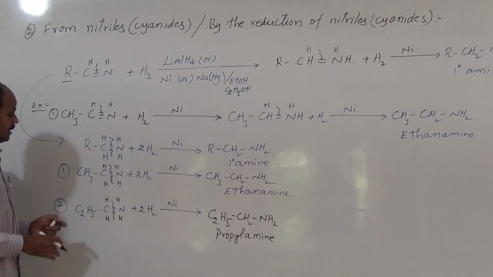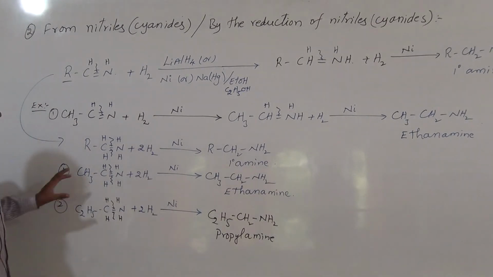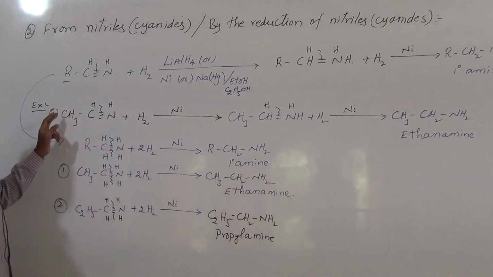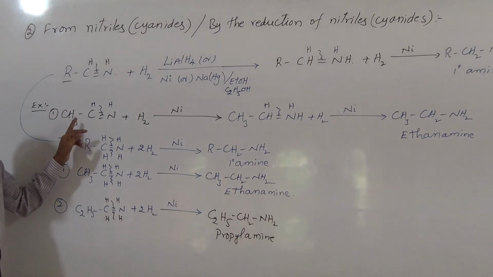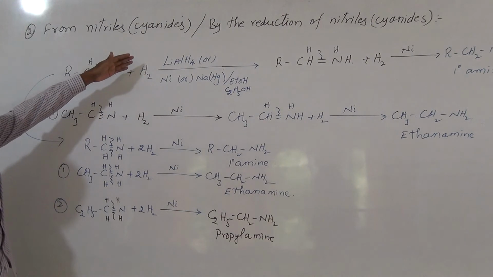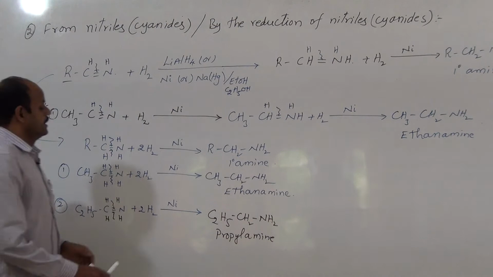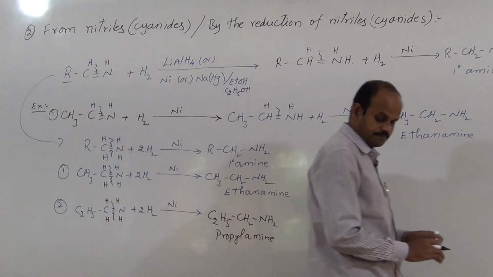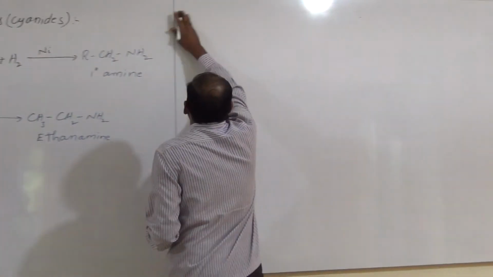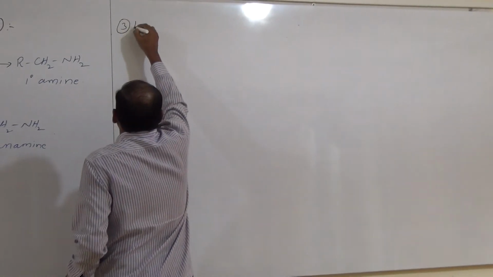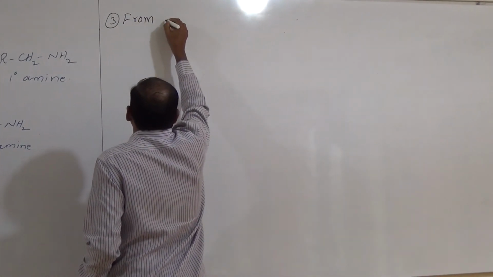Thus by this method we can prepare the primary amines by the reduction of nitriles. Nitriles are nothing but cyanides, in the presence of any reducing agent. Next method is from amides.